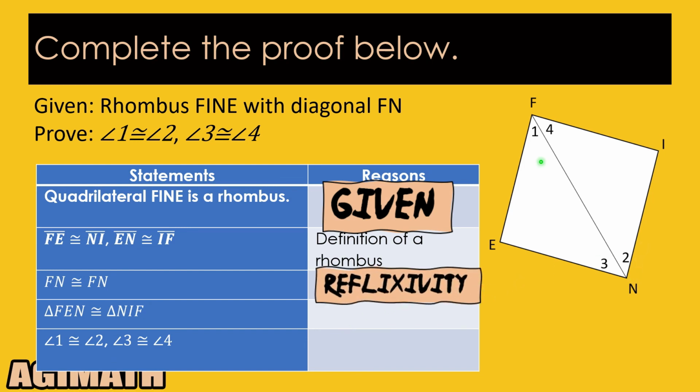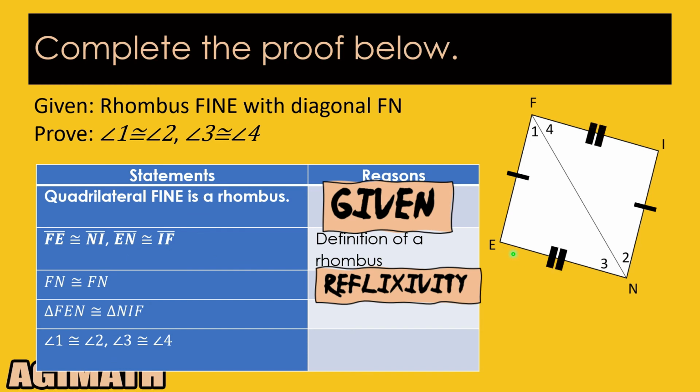That's it. And then if we are going to illustrate this one and this part, FE is congruent to NI. That's it. FE and NI. Notice that what is corresponding are this vertex and this vertex. So FE and NI. So F and N are corresponding with each other, same as E and I, vertex E and I. Next one is EN is congruent to IF.